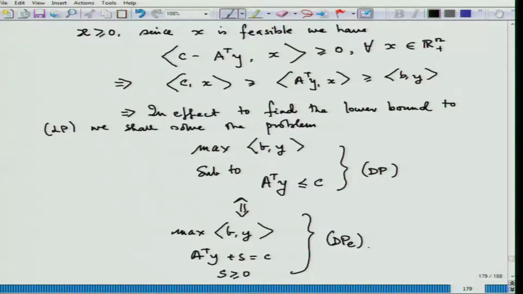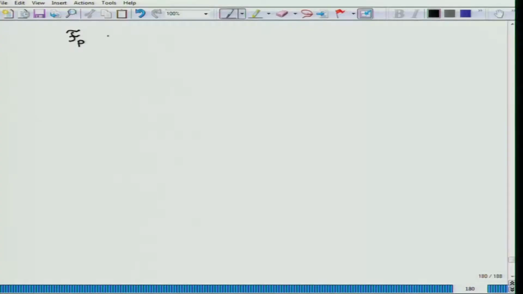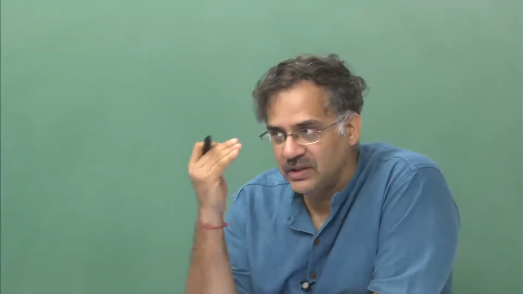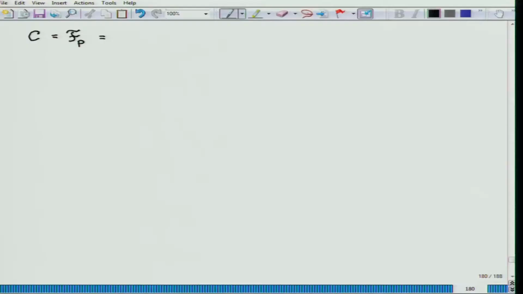Now, once I write down these things I need to put down some notations which would be useful as I study interior point methods. The feasible set, instead of writing C, we will start writing as Fp, because this is the standard notation that you will get when you look at the literature in interior point methods. So, if anybody here is interested to go more into optimization and look up the literature, then this is the symbol he will get.